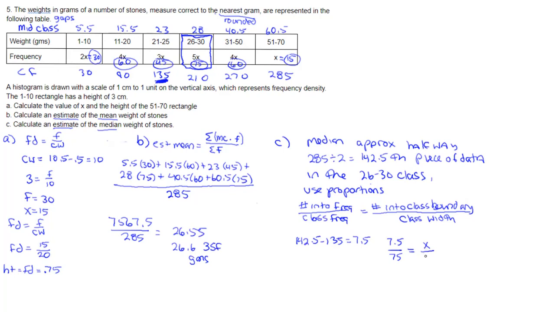We don't know what we're going into the boundary. The class width is going to be 5 in this case. So all I do now is cross multiply, and I figure out that x is going to equal 0.5. Now remember, that's how far I go into the boundary. My lower boundary for this class is 25.5, so that means the median is about 30.